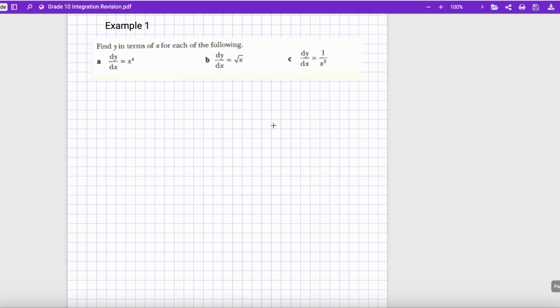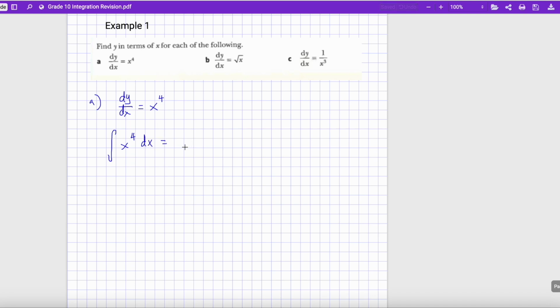All right, let's look at example number 1. We want to find y in terms of x for each of the following. We are given the gradient function for a, b, and c. Essentially we want to get back to the original function, y equals what? If dy over dx is x^4, then to find y we have to integrate x^4 dx with respect to x.